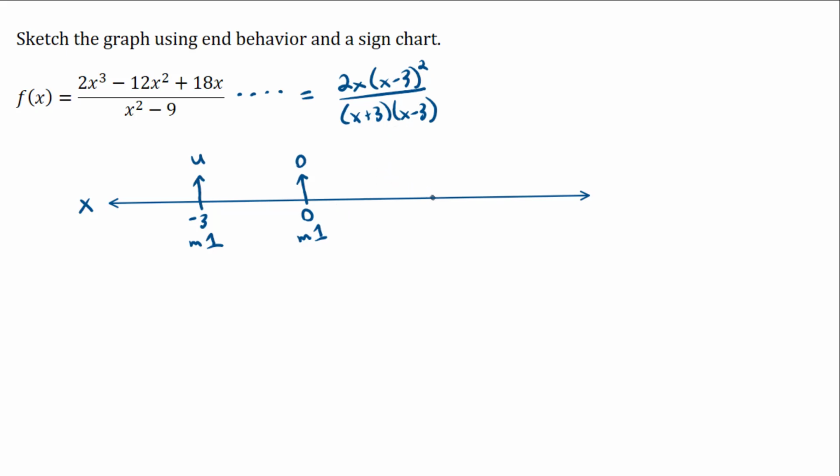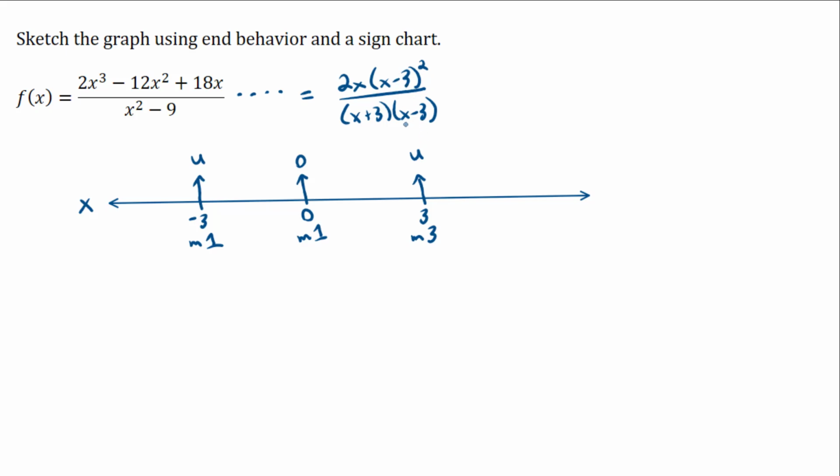And we have positive 3, which makes the numerator and denominator 0, but since it makes the denominator 0, the function's undefined, and it has a total multiplicity of 3 because it shows up twice in the numerator and once in the denominator. All right, now, if you do cancel x minus 3 here, it's not gone completely.